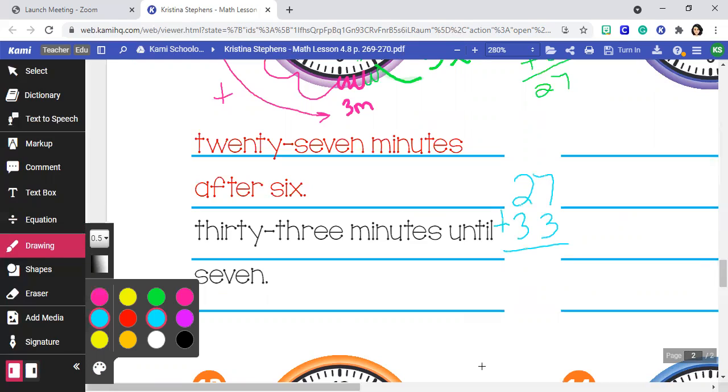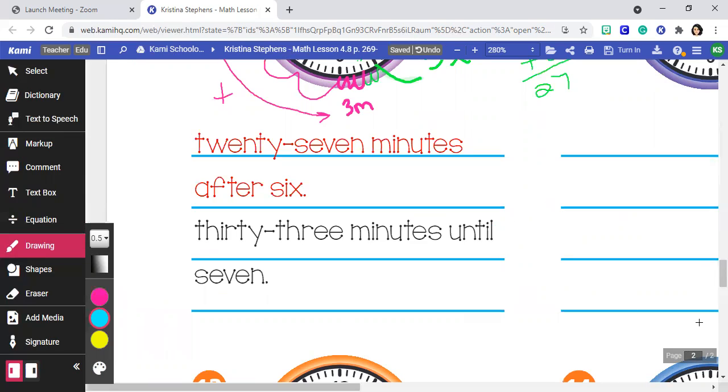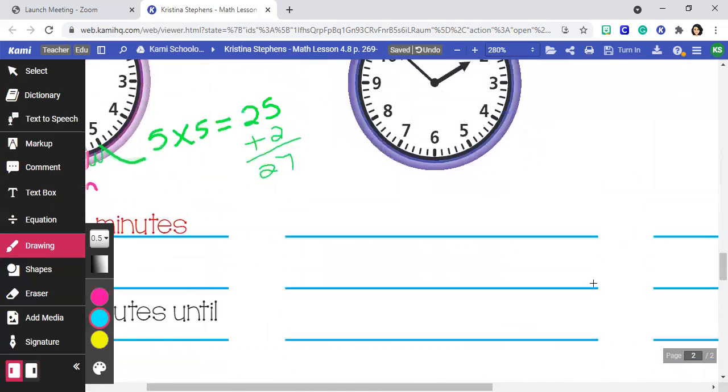And when you add those together, it should equal 60. And mine definitely does. So I am going to take that off my screen and feel good about my answer and move on to the next one.